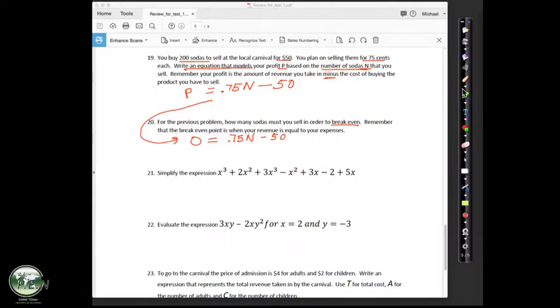But in doing algebra, we go through the steps. We just solve this equation. We add 50 to both sides, that's the $50. Over on this side, it became 0.75n. Now, how do we get the n by itself?